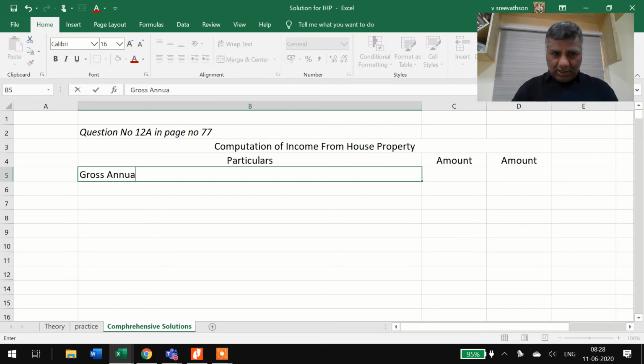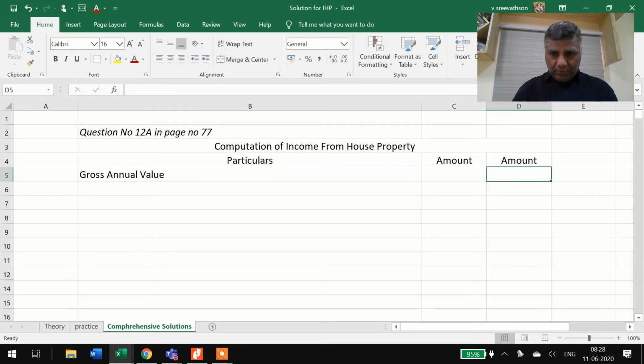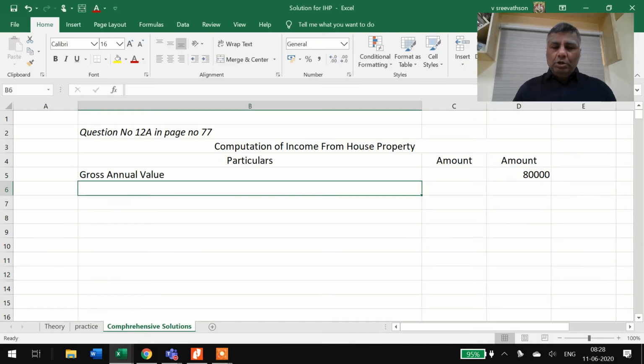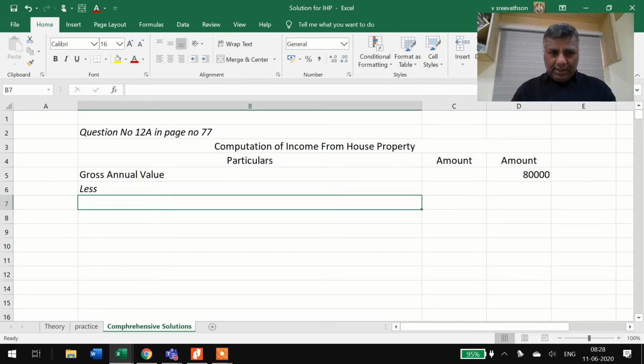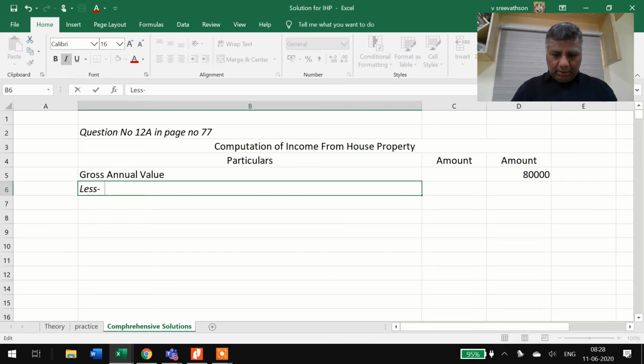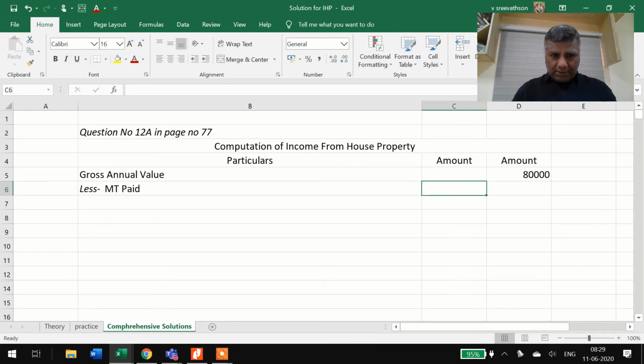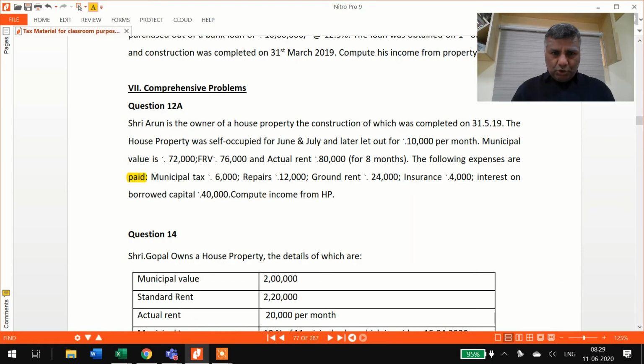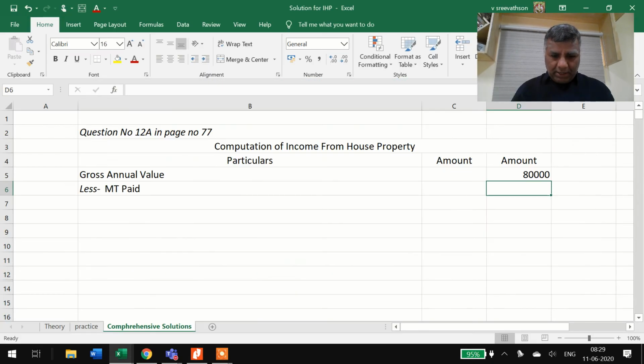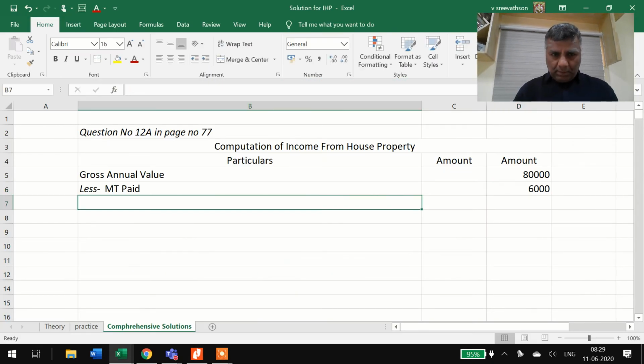Gross annual value 80,000. Less municipal taxes paid 6,000.